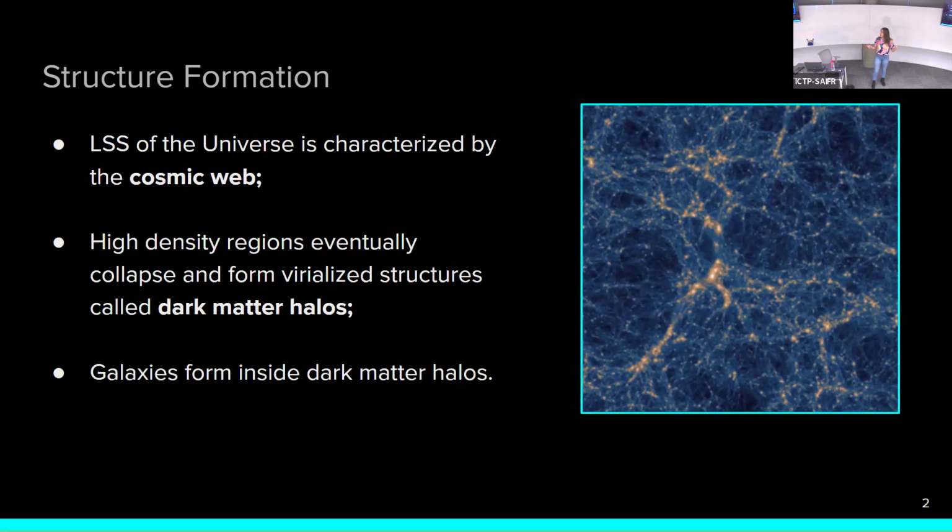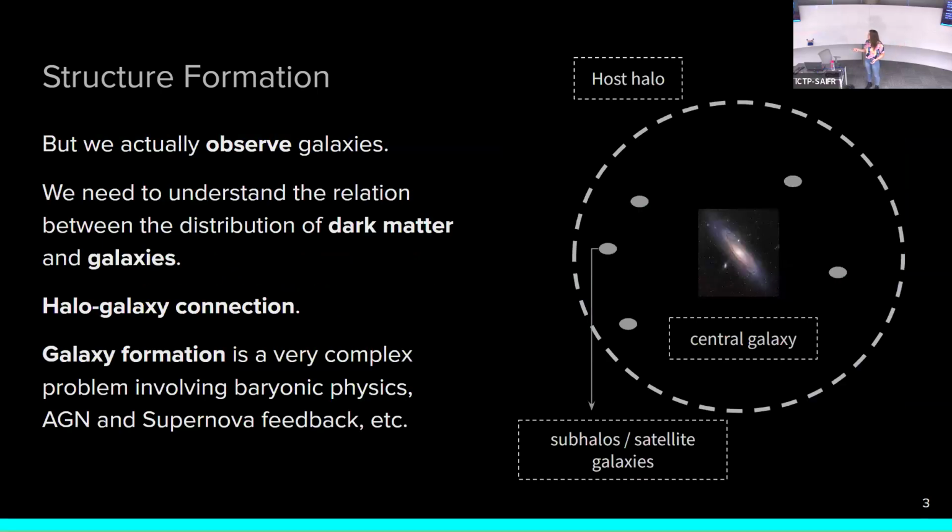This work will be relevant to connect everything that we learn, starting from initial conditions and evolving to get our dark matter density field, with observations, which are the galaxies. So the dark matter halos play a key role in this full pipeline, this full modeling of structure formation.